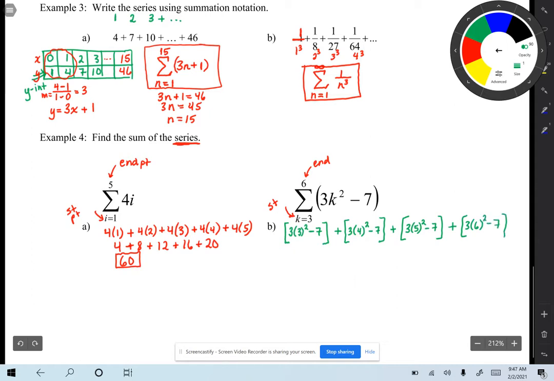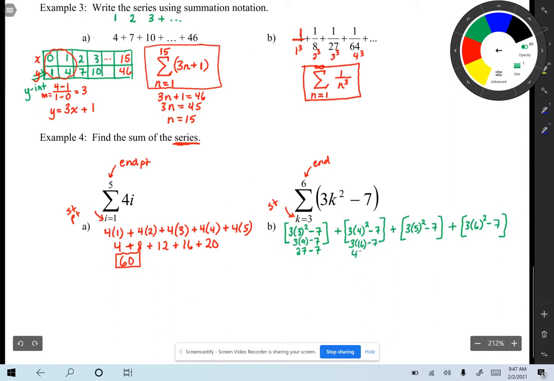So let's figure out what each term would be. Here we have 3 times 9 minus 7. So that's 27 minus 7, which is 20. Probably better to write it out. This one would be 3 times 16, because you do the 4 squared first, minus 7.